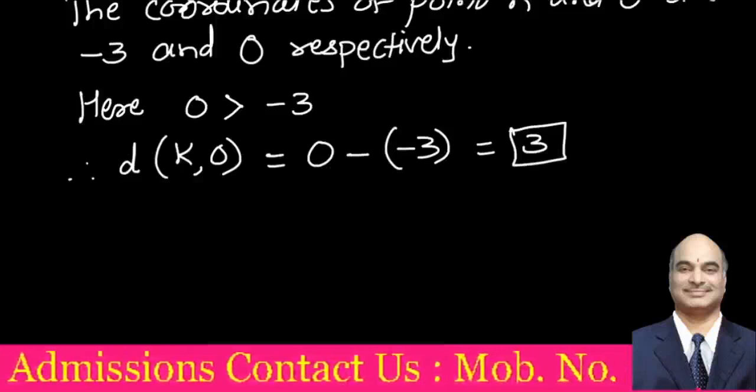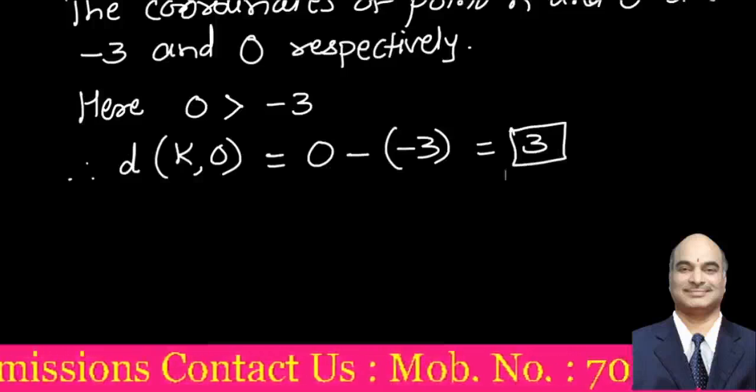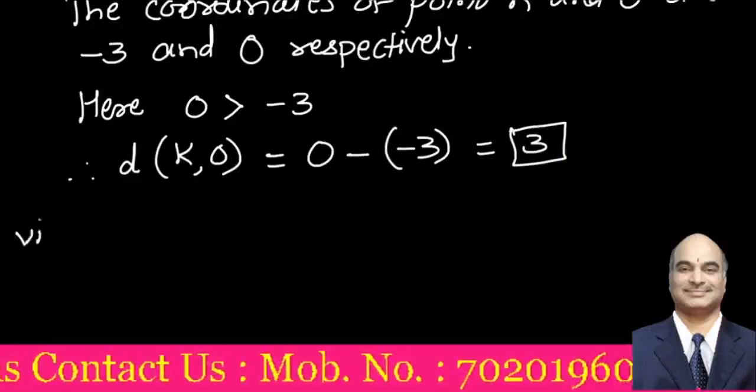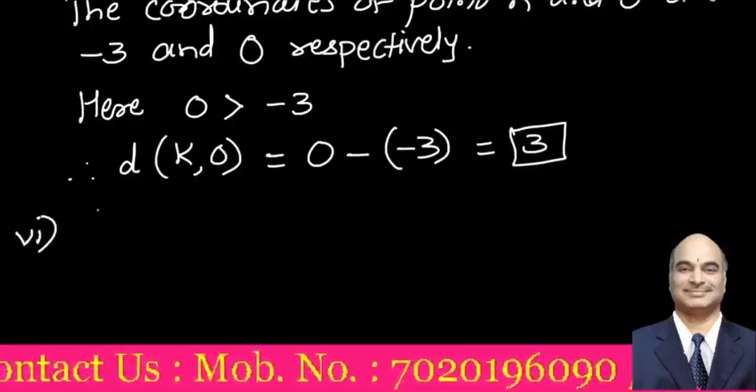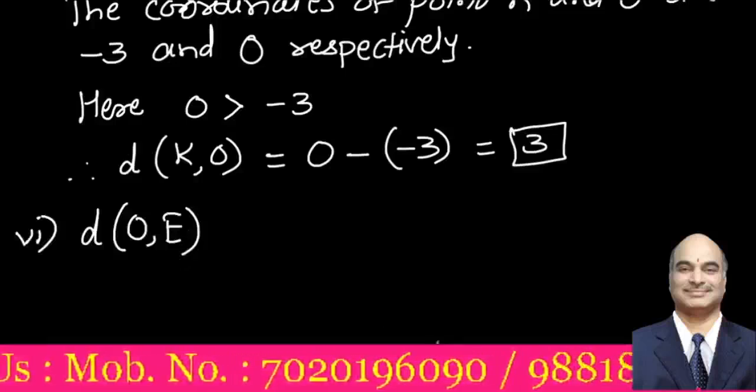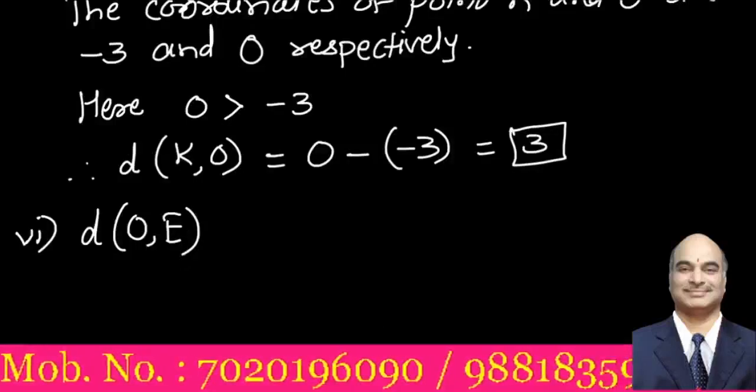So number 6 is OE. Sum number 6, distance OE, we have to find distance OE. Okay.